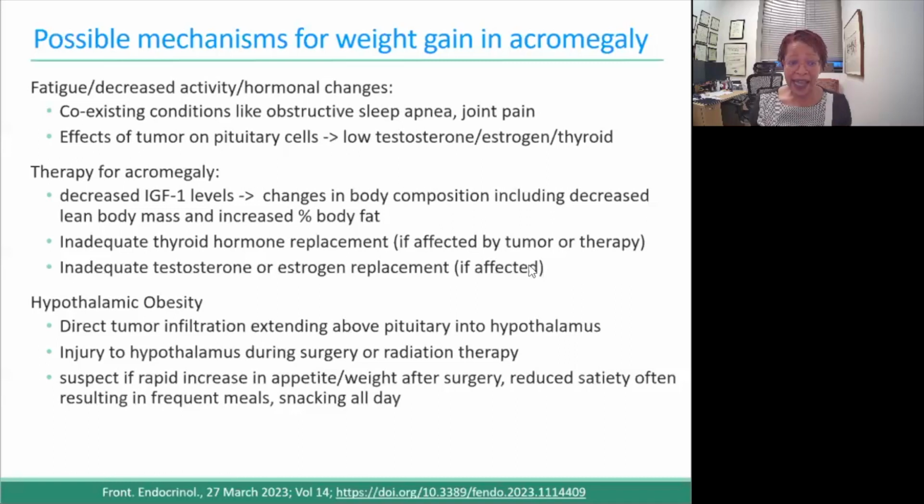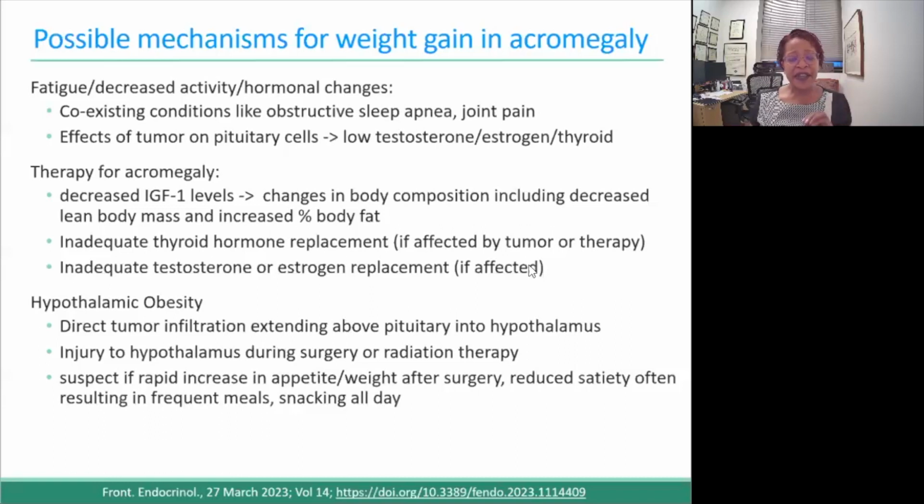We also know, again, whether it's with radiation therapy or it's with surgery, that there can be an effect and damage to some of those cells that lead to low levels of thyroid hormone, testosterone, and estrogen. And if they're not adequately replaced, then again, you're going to see weight gain.